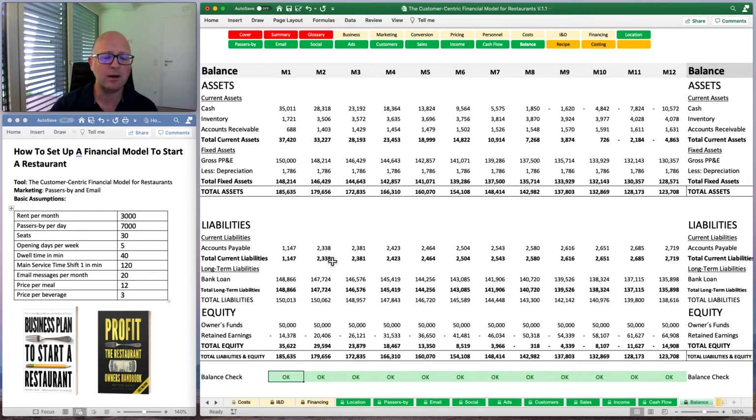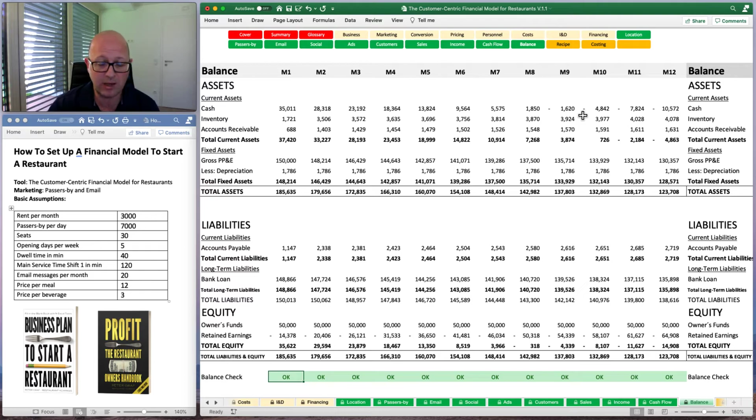So one hint is that you always need enough cash. As we know, as entrepreneurs, we always need to be able to pay our bills. And you see this here in your cash balance, current assets cash. You see, okay, at the beginning we have a lot of cash and it becomes less and less. And in month 1, we are running out of cash. It's minus. So that's not possible.